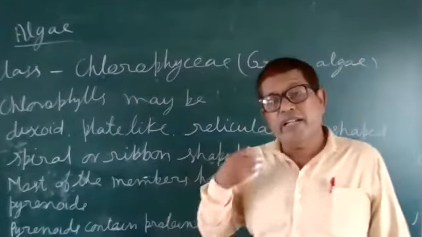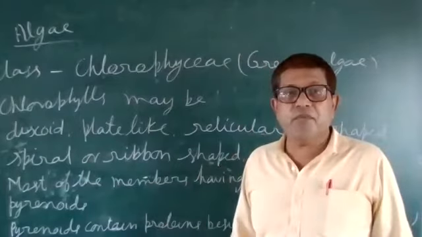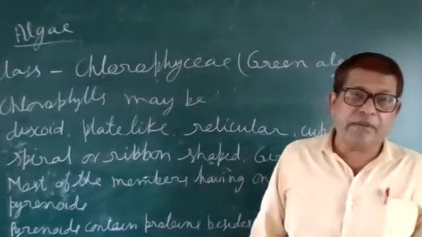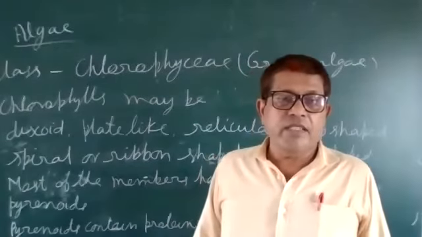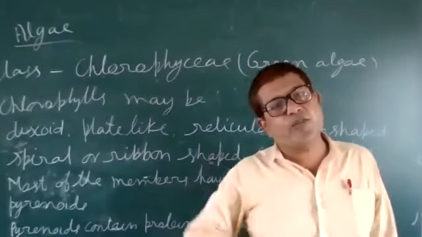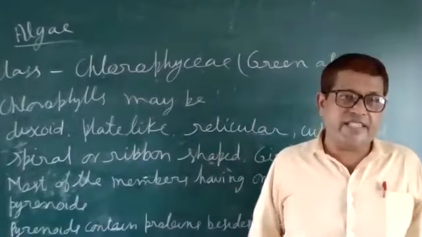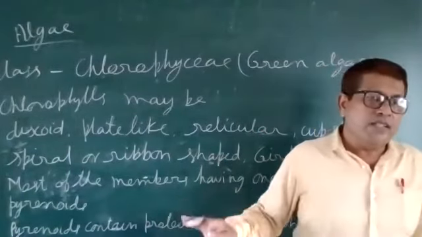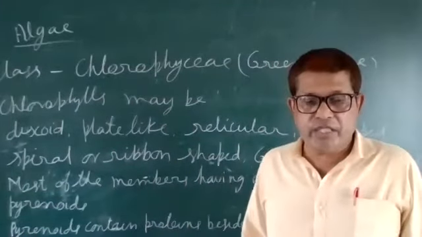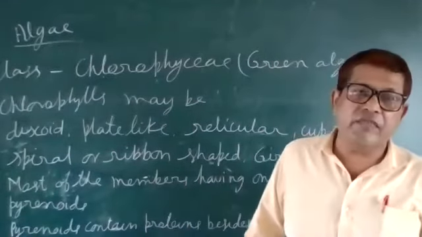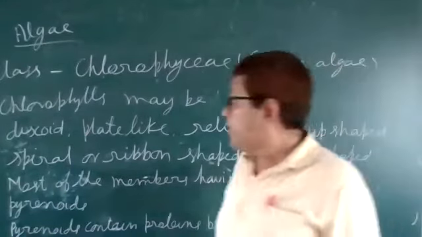Our body stores some food in the form of glycogen, and when we are not getting food, this glycogen is converted into glucose and our body gets energy. In the same way, plants or chlorophyceae also store food material in the form of starch.